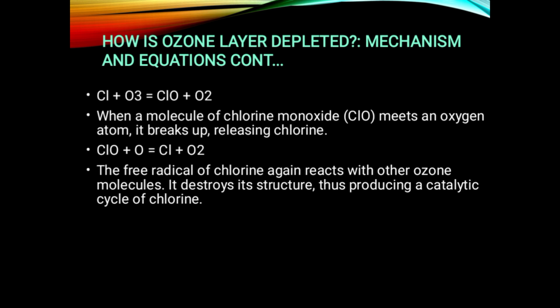Another chlorine atom is released and then oxygen is formed. The free radical chlorine again reacts with other ozone molecules, destroys the structure, and then produces a catalytic cycle of chlorine, and the cycle continues on and on as long as these CFC substances are being released into the atmosphere and then to the stratosphere.